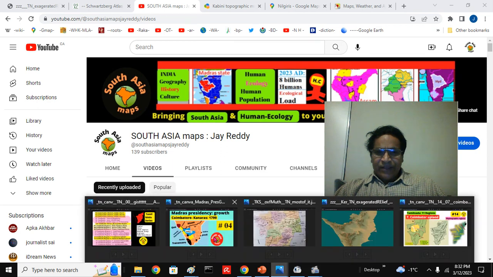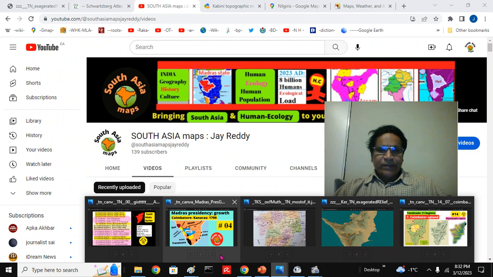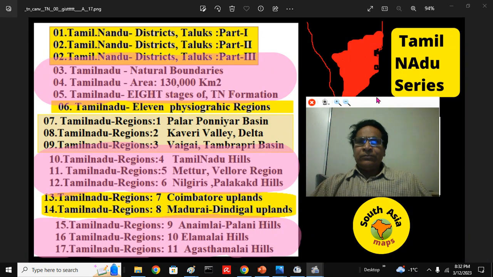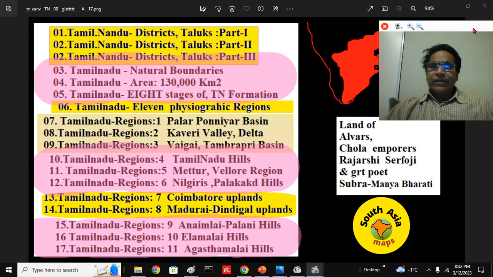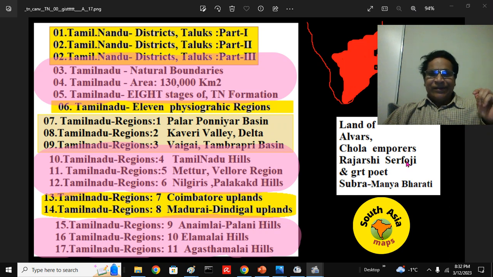And this is our Tamil Nadu series. You are aware, this is the Tamil Nadu series, the land of Alvars, the great sages and Chola emperors, and Rajarsi Serfoji Bhonsle of the Tanjavur Maratha kingdom, who passed away around 1834 or so, and the great poet Subramanya Bharati.